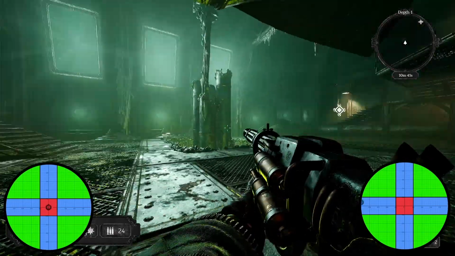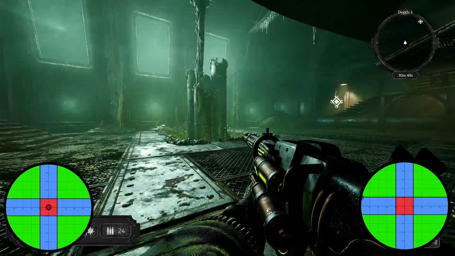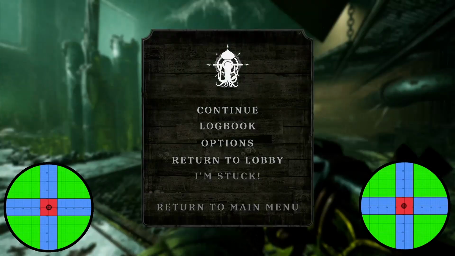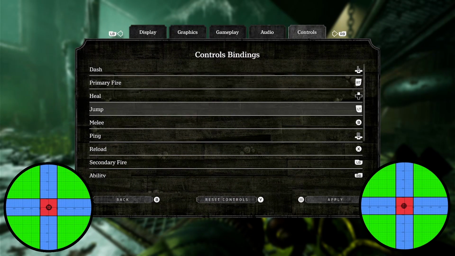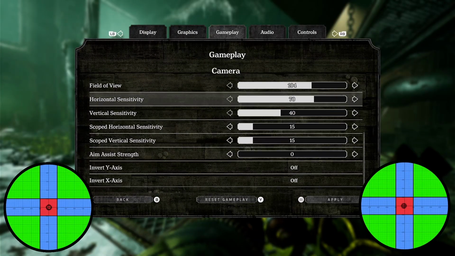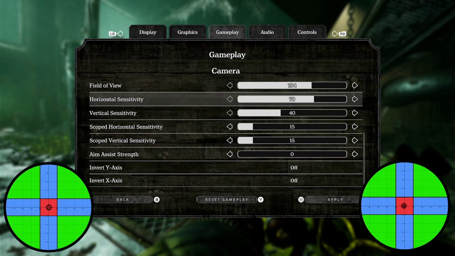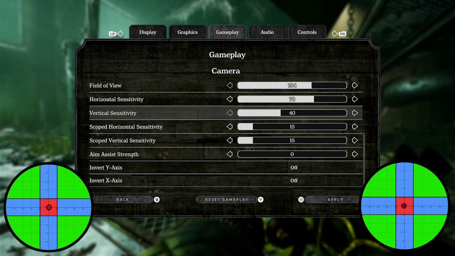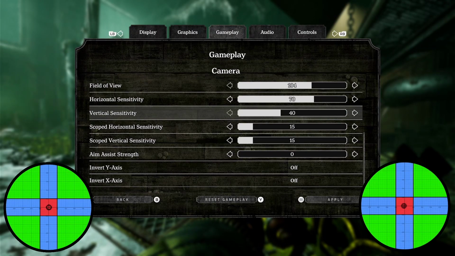But as far as the horizontal and vertical sensitivities, there actually are some gameplay separate sliders to control this, and these are the default values right now. And the vertical sensitivity slider is actually weighted below the horizontal sensitivity.